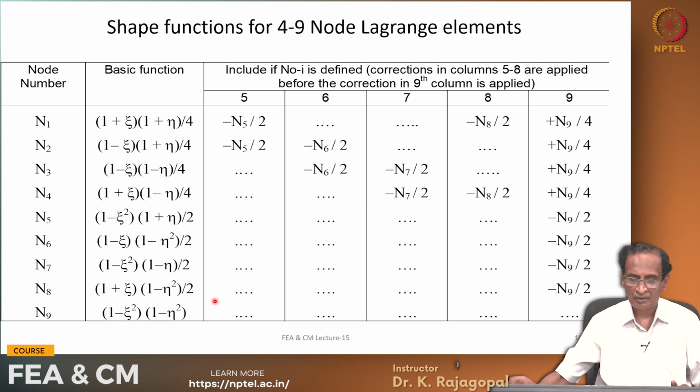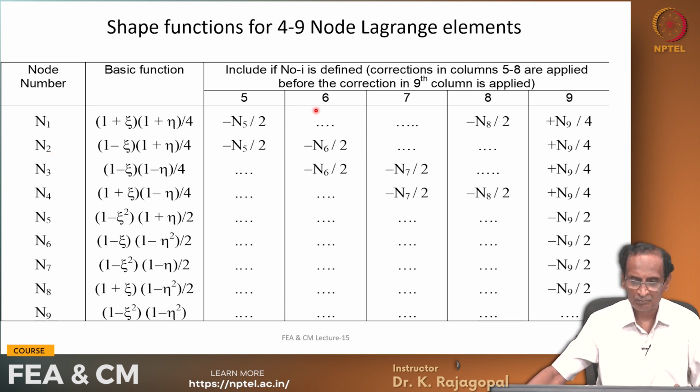This table summarizes your different shape functions. N1, N2, N3, N4 are the basic elements, and then N5, N6, N7, N8 and these columns. If you introduce N5, you correct N1 and N2.